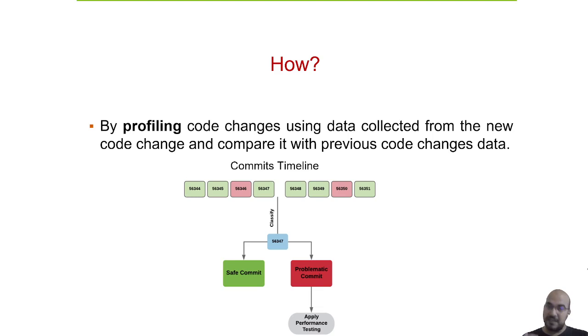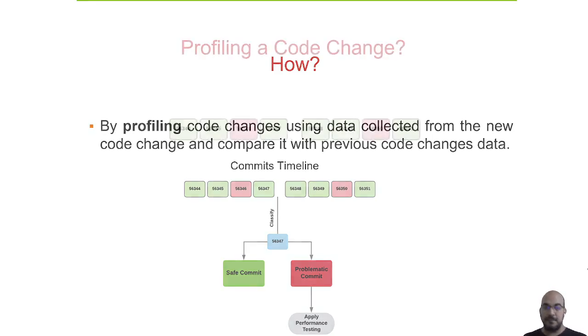And if it is problematic, it is most likely that we have to prioritize it for performance testing. So instead of relying on heuristics, like testing every release or every week, we can say we should test every time we detect a potentially problematic commit.